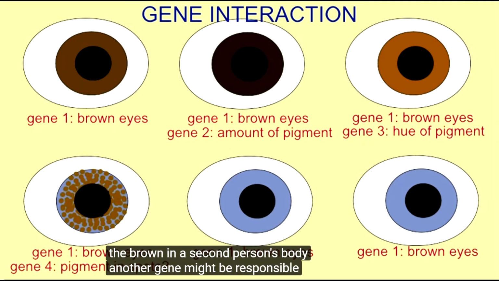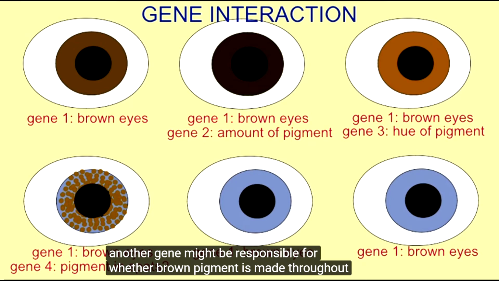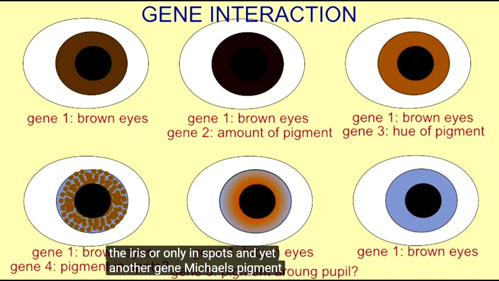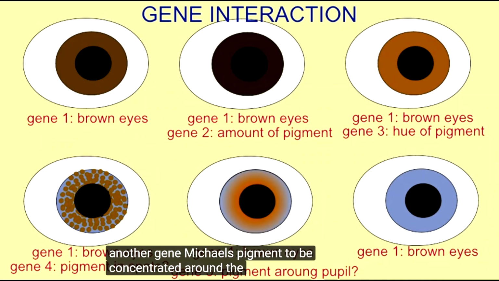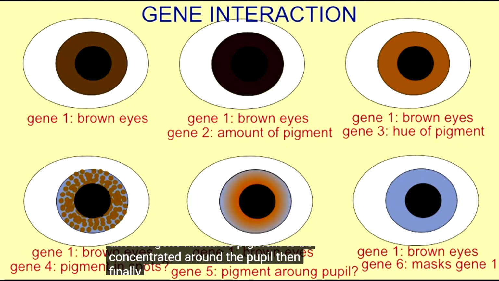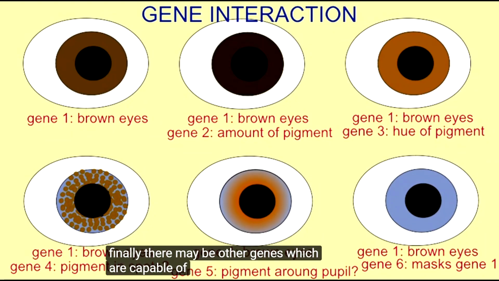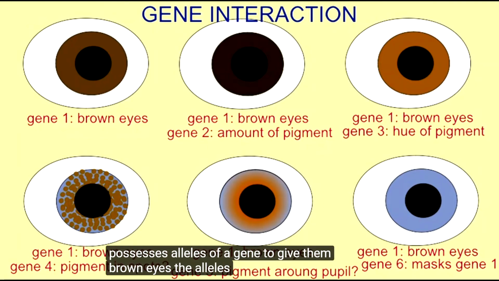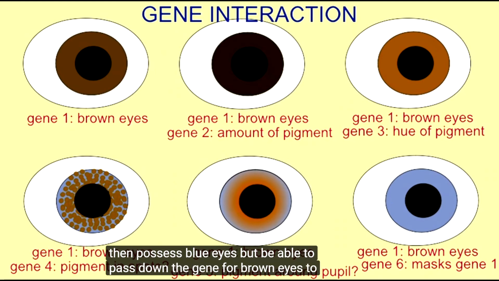Another gene might be responsible for whether brown pigment is made throughout the iris or only in spots. And yet another gene might cause pigment to be concentrated around the pupil. Then finally, there may be other genes which are capable of masking this first gene, so that even though an individual possesses alleles of a gene to give them brown eyes, the alleles of a different gene can mask those so that they will then possess blue eyes, but be able to pass down the gene for brown eyes to their children.